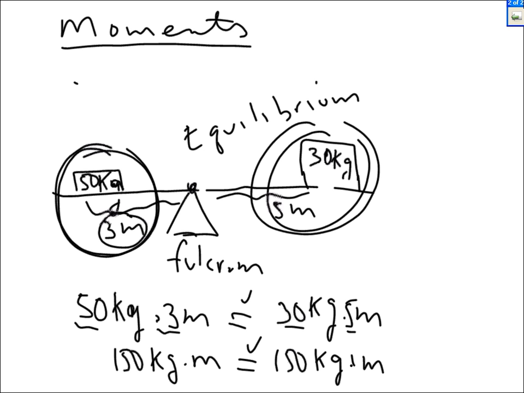Okay, and the board, the seesaw board, will stay horizontal. If you add more weight to the 30 kgs, it would go down. Or, if you moved it closer, it would go down.